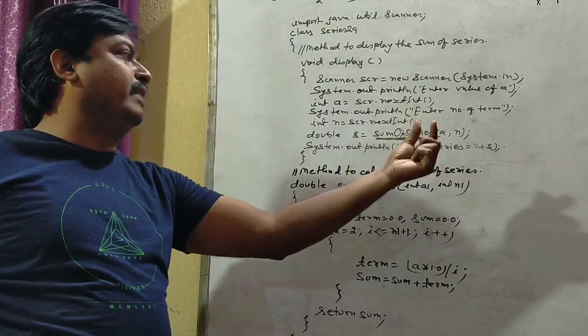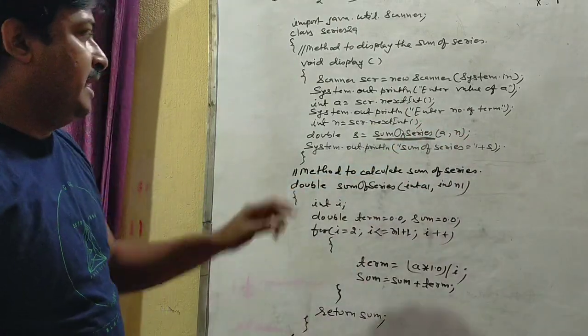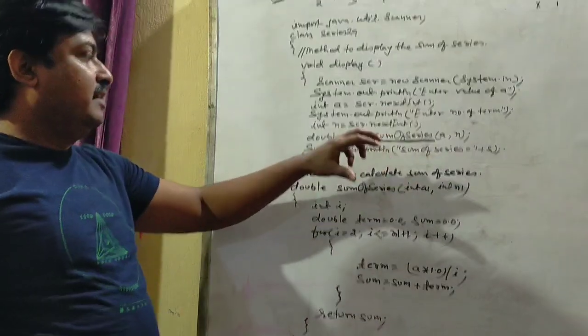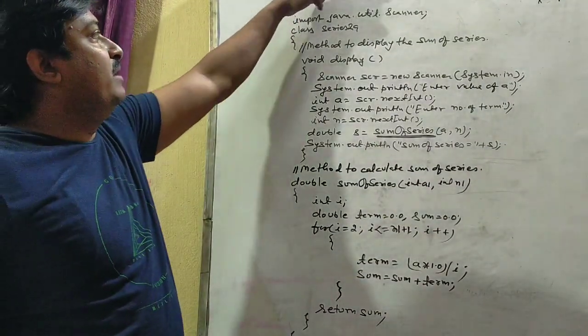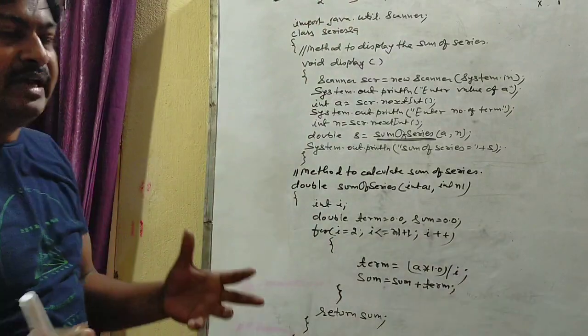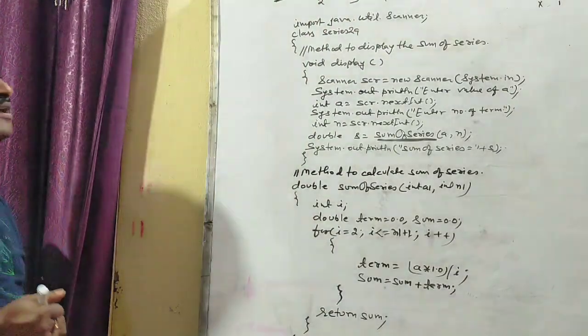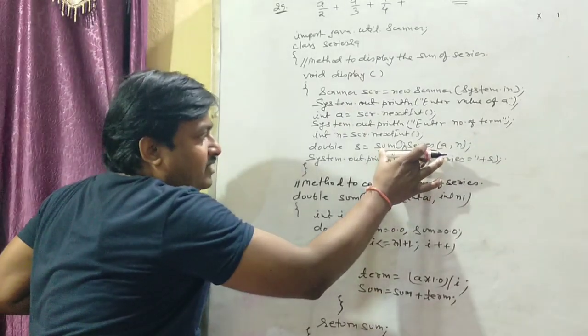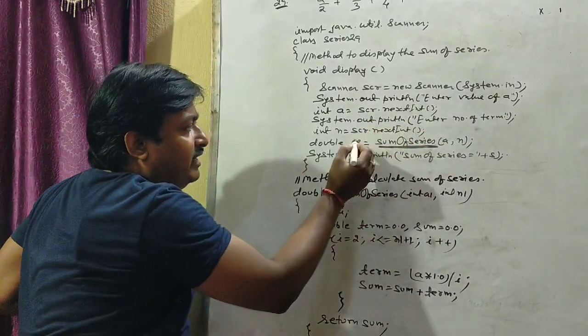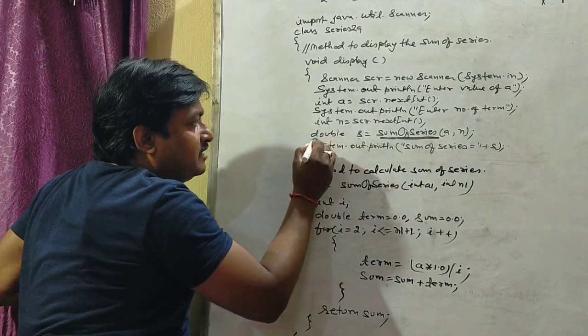We will pass two values, a and n, and this time sumOfSeries will return a value in fraction, because a by 2, a by 3, a by 4 are fractions, so the value will come out in decimal. So the value returned by the function will be stored in a variable s, which is declared as double type.